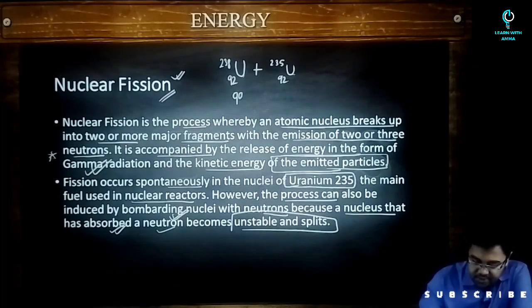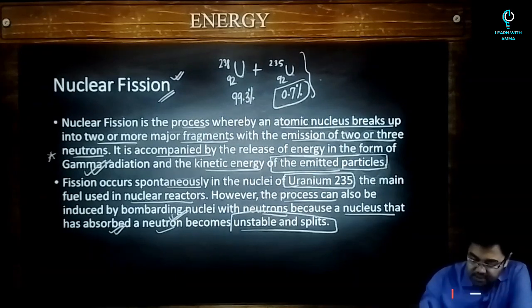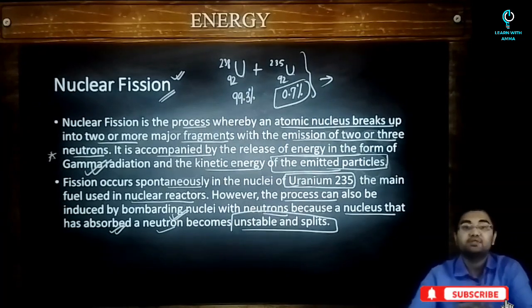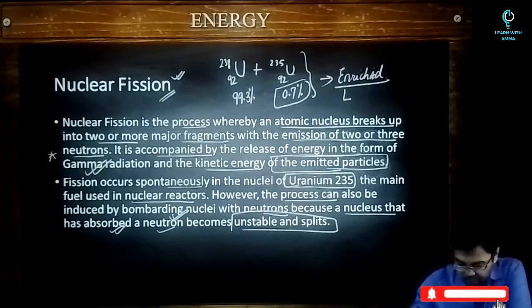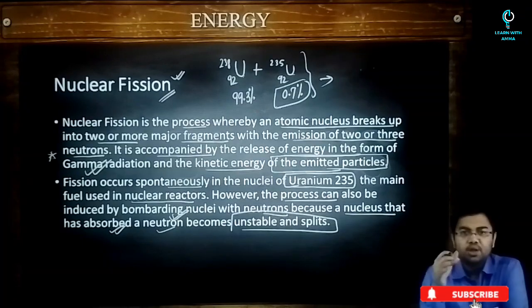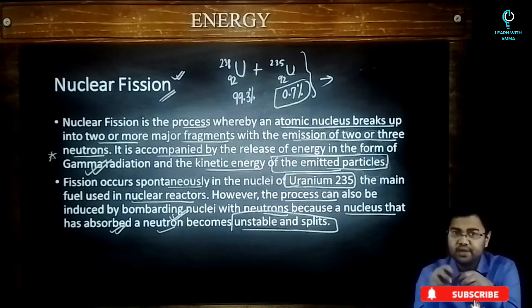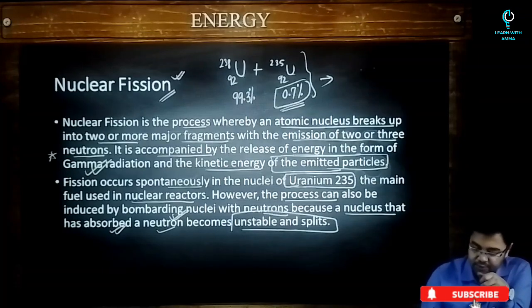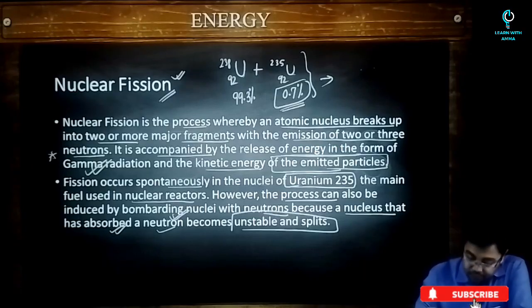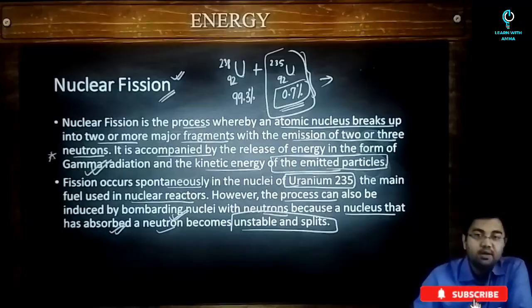Now the problem is this uranium-238 is 99.3% and this uranium-235 is only 0.7%. The nuclear fuel for us is this. Uranium-235 is the nuclear fuel that we are using. Since this percentage is very low, and this is what you have to use as a fuel.